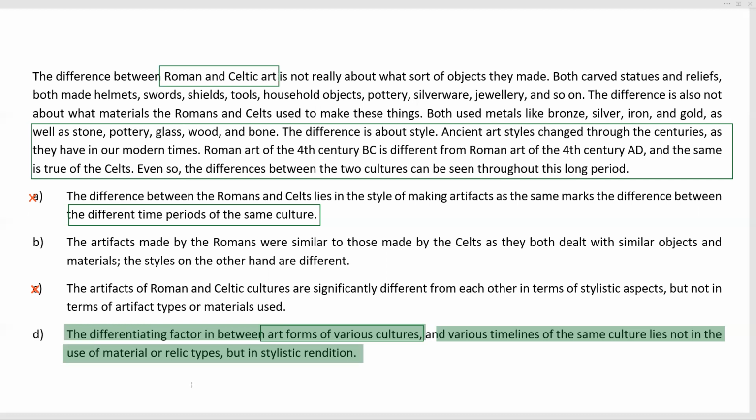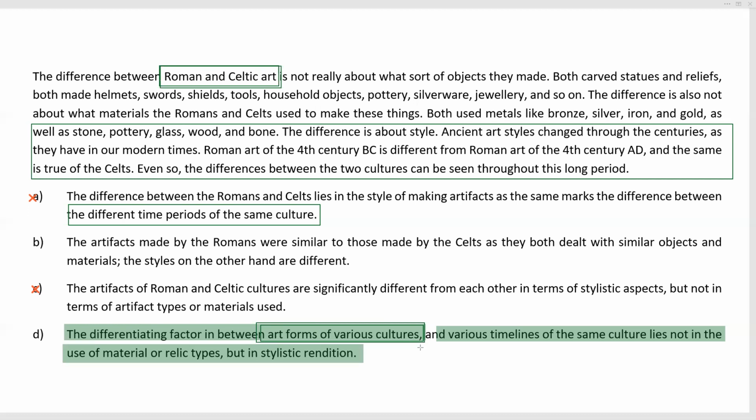So it doesn't specifically talk about the two art forms of the cultures mentioned in the passage, which is the Roman and Celtic art. But we can see Roman and Celtic art represented in the phrase between art forms of various cultures.